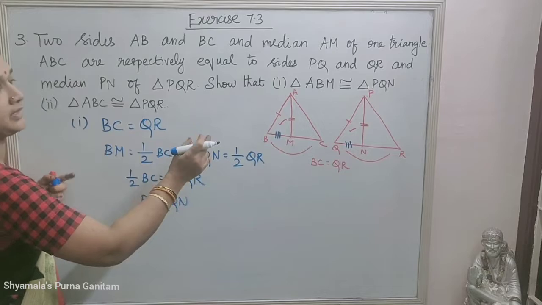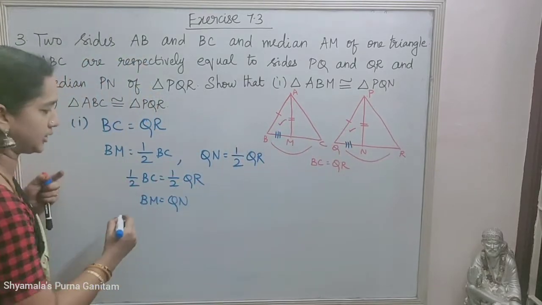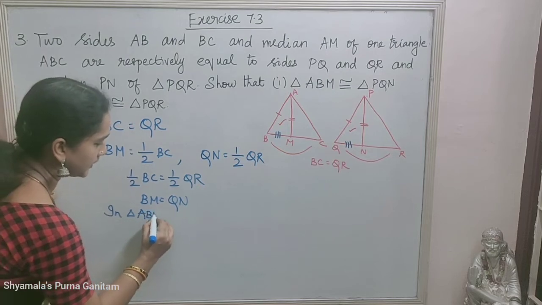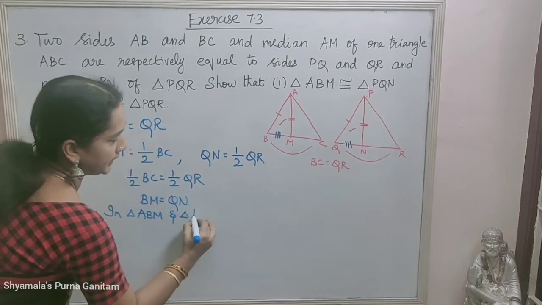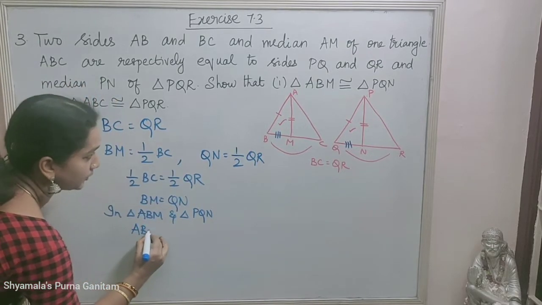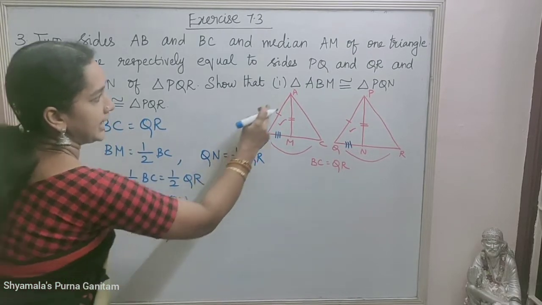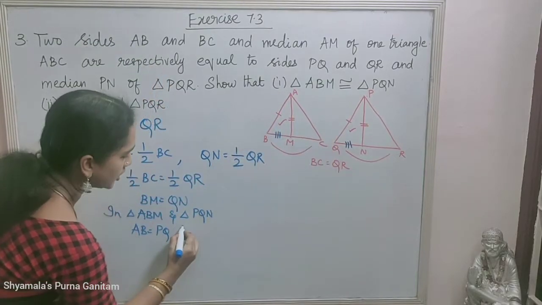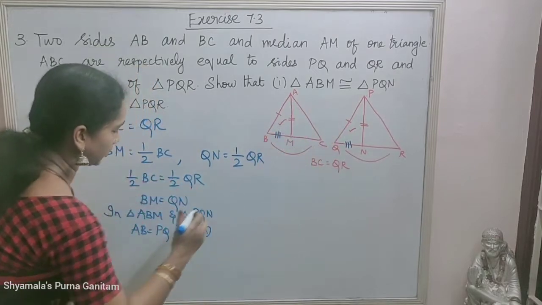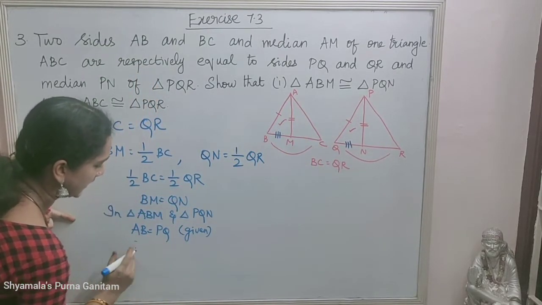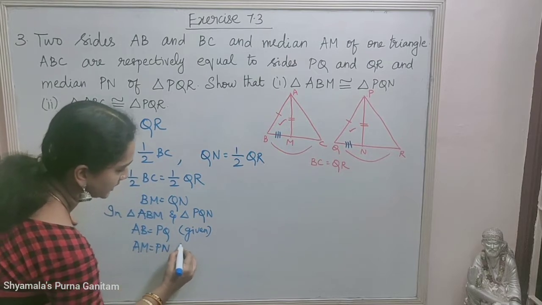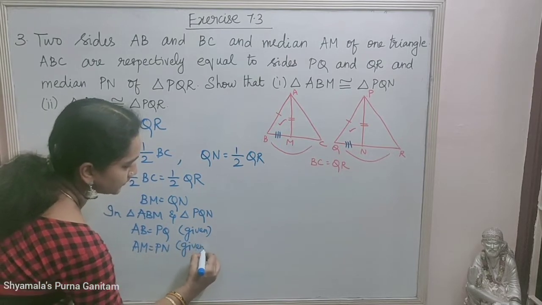So now we will prove the congruency of these two triangles. That is, in triangle ABM and triangle PQN, AB is equal to PQ, already given in the question. And AM is equal to PN. This is also given in the question.